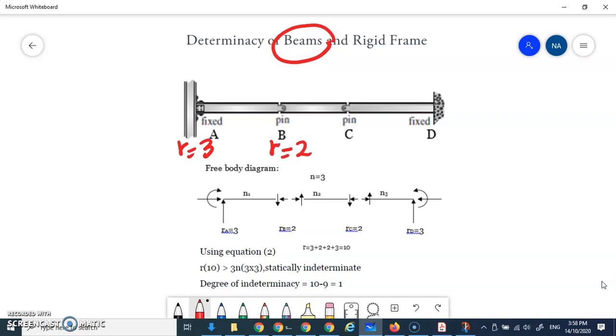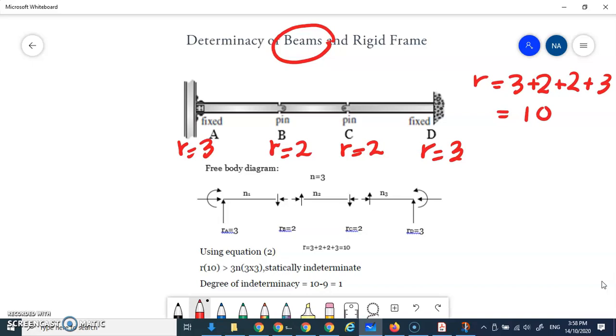Okay. At point C, reaction R is equal to 2. Sebab kat point C pun adalah pin support. So at point D adalah fixed. So fixed akan ada 3 reactions. Okay. So total number of external reaction R is equal to 3 plus 2 plus 2 plus 3. So is equal to 10.